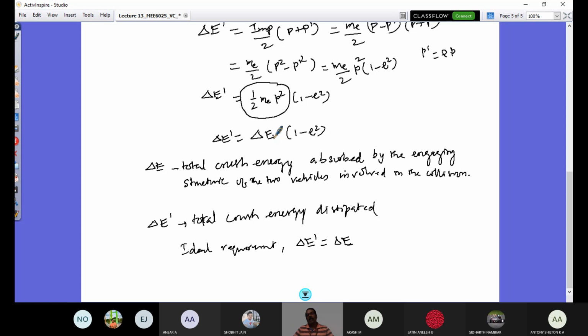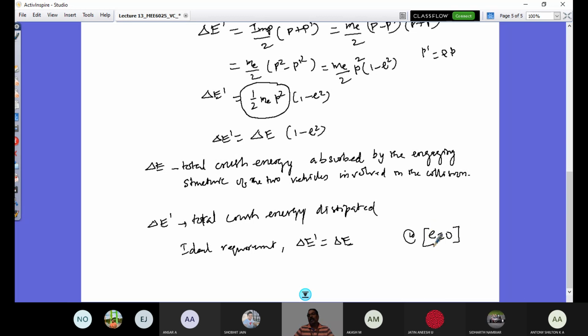So if the rigid barrier absorbs the entire energy and dissipates that entire energy, then it is a perfect plastic impact. This is equal to this when e equals 0.